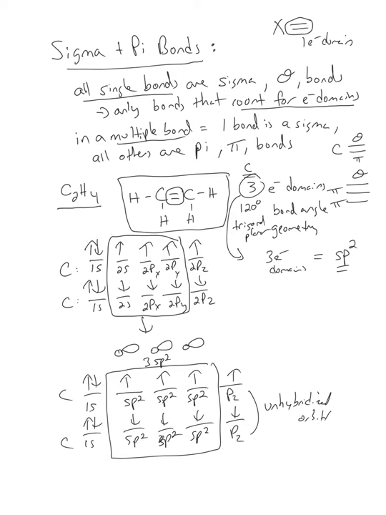With 120-degree bond angles, those three orbitals form the geometry, and those are all going to be sigma bonds. Two of each carbon's sp2 hybrid orbitals will overlap and bond with hydrogen, which is a 1s orbital.